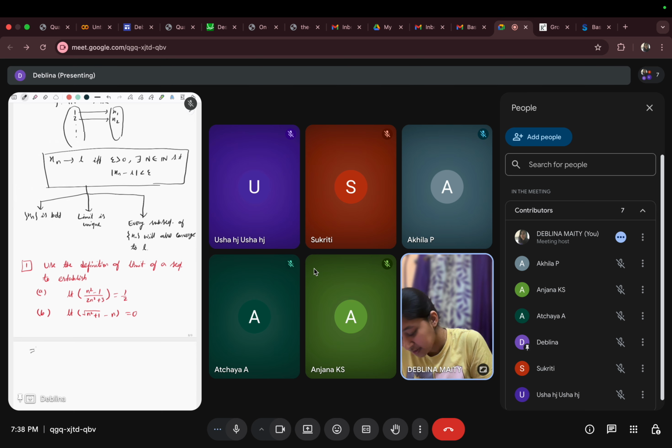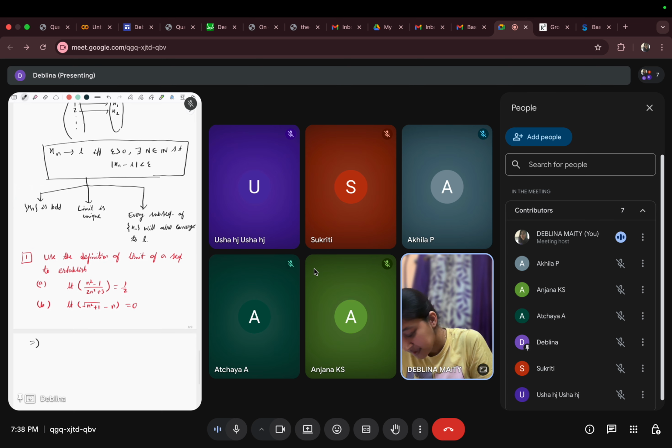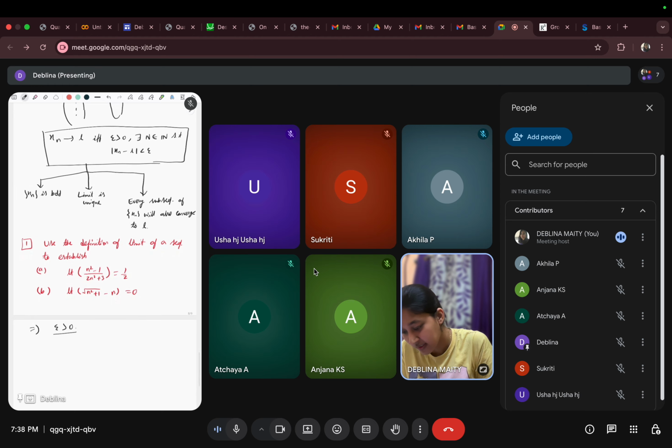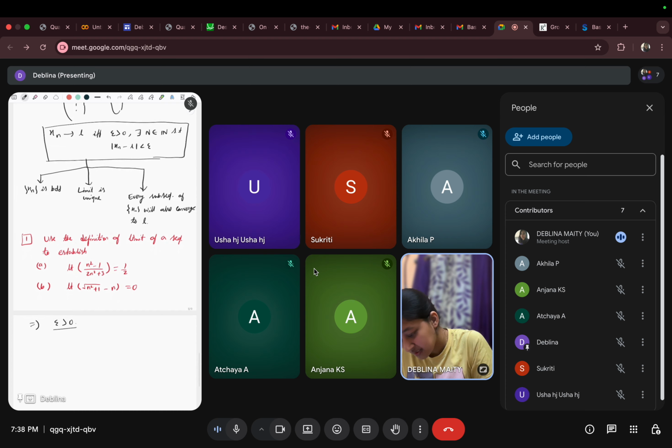So for the first one, epsilon is given, right? So xn is n square minus 1 by 2n square plus 3.